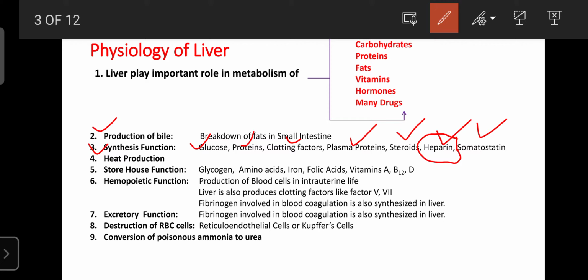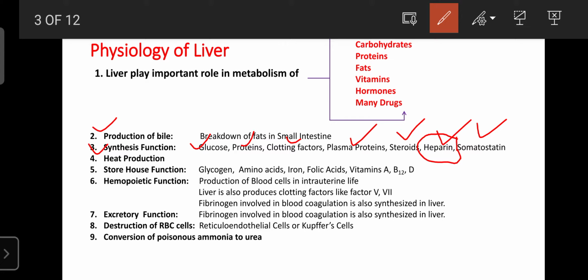Naturally, in our body, the liver synthesizes heparin and supplies it to the blood. That heparin can prevent the coagulation of the blood and prevent the development of arteriosclerosis, myocardial infarction and atherosclerosis.